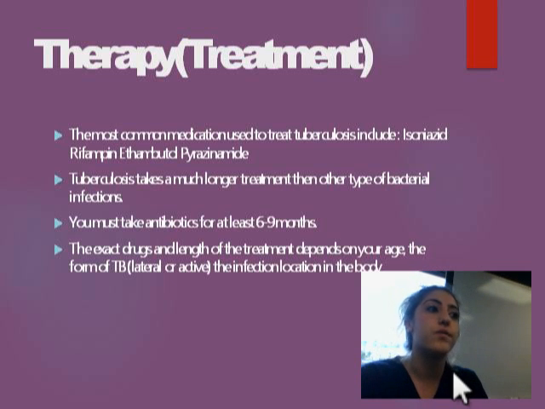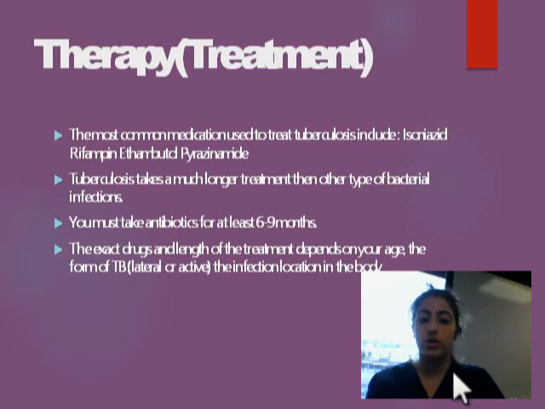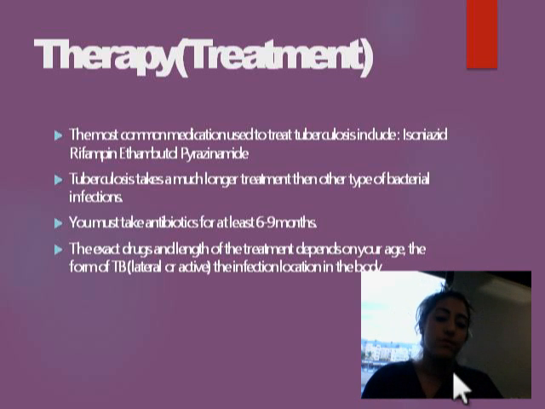So that is a very long period of time to kill the bacteria. And the exact drug and length of treatment depends on your age and the form of TB, whether it's latent or active, and the infection location in the body. So it just depends what type of TB you have.